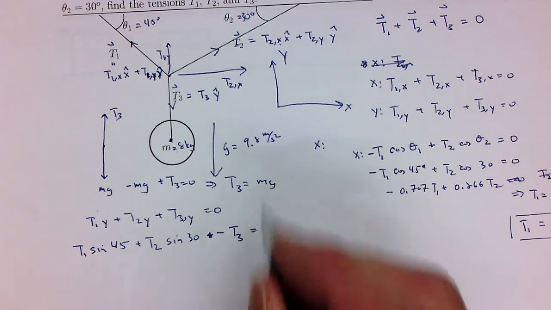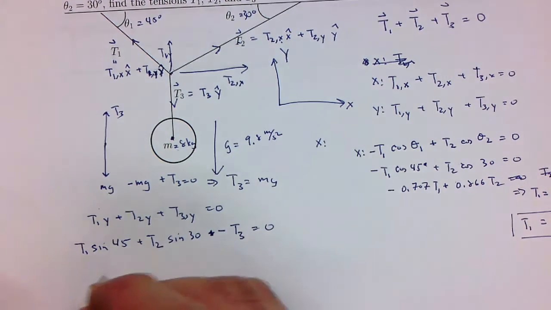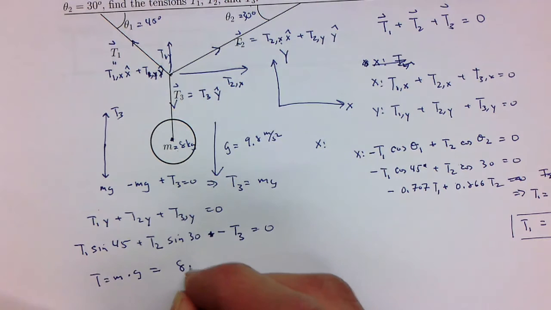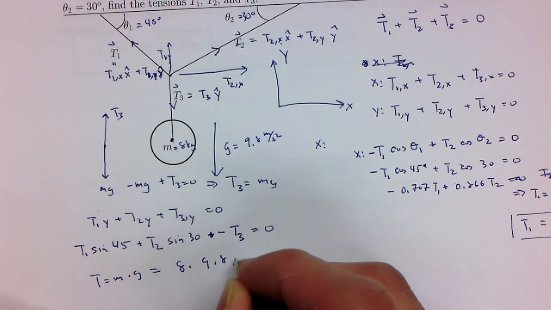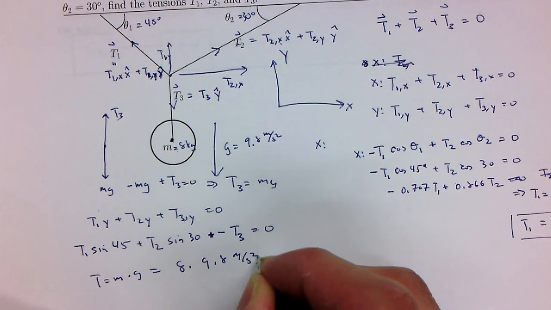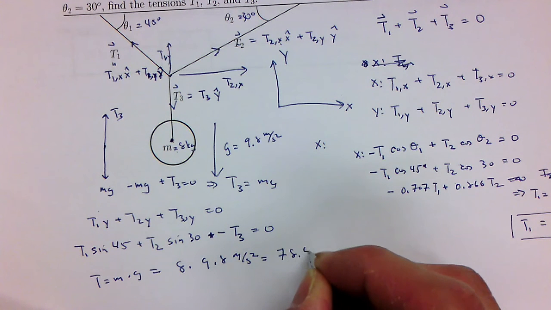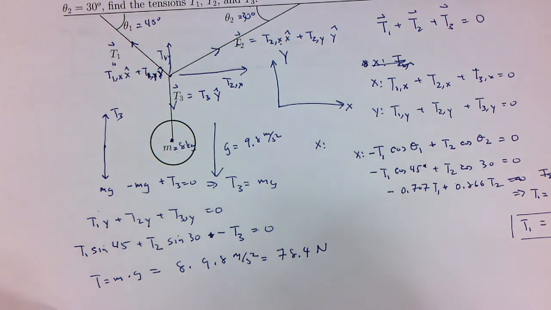That's really nice. So T3 is equal to 8 times 9.8 meters per second squared, which is equal to 78.4 newtons.